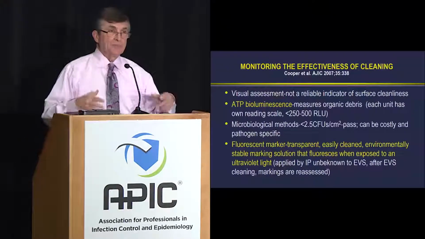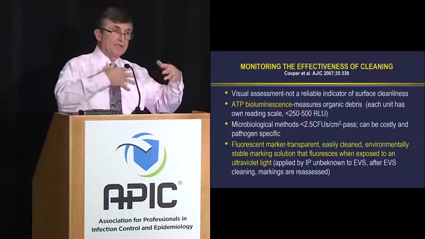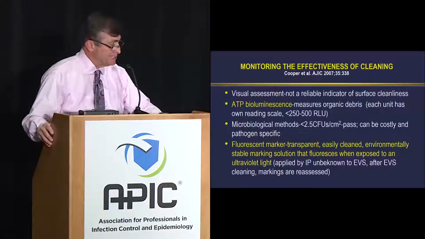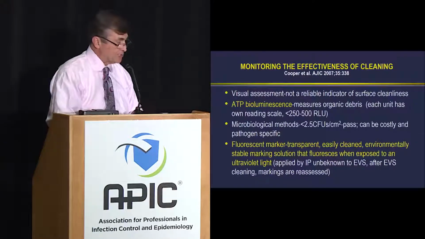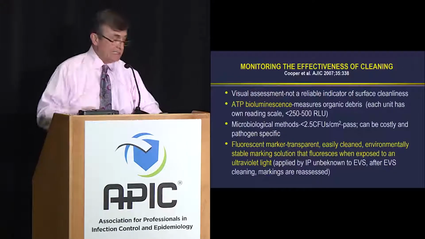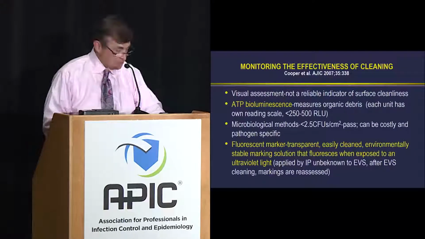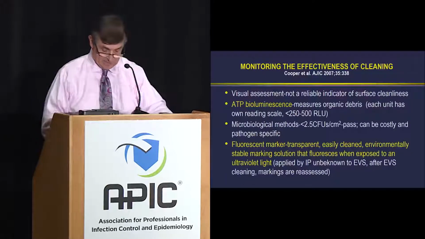Thoroughness of cleaning can be improved by monitoring the thoroughness of cleaning. It can be monitored by things such as ATP bioluminescence, and can be monitored by mechanisms such as fluorescent marker. The fluorescent marker is a transparent, easily cleaned, environmentally stable marking solution that fluoresces when exposed to an ultraviolet light.